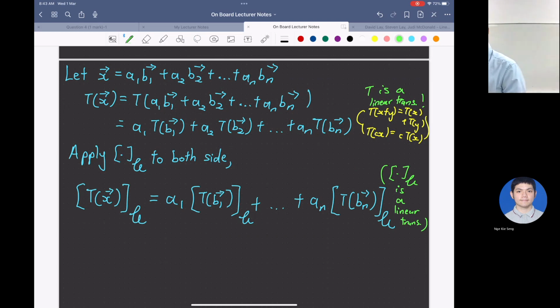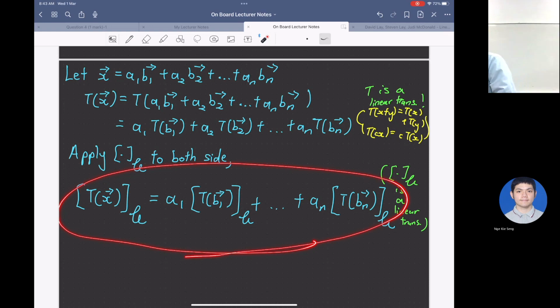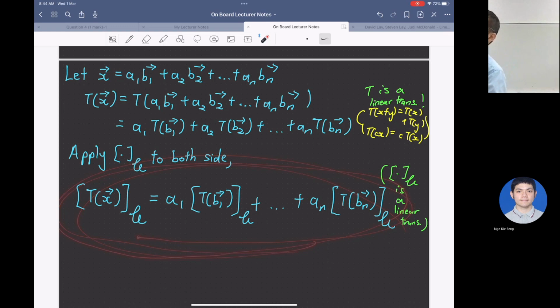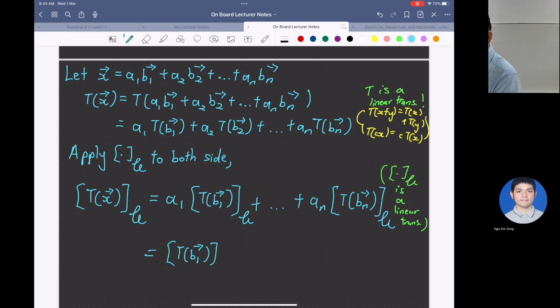So what's this? This is a vector equation again. A vector equation is equivalent to matrix multiplication. So we can collect the vectors together and form the matrix.